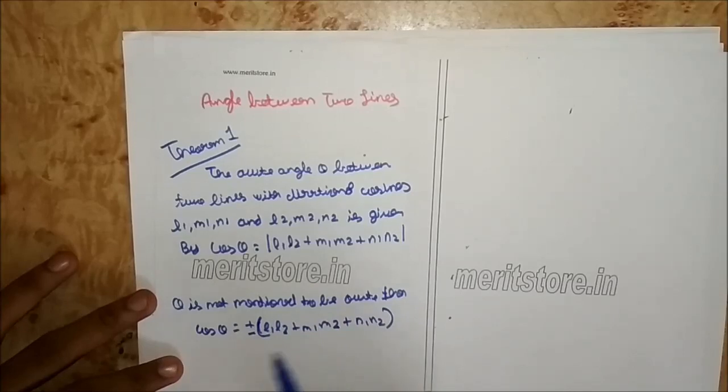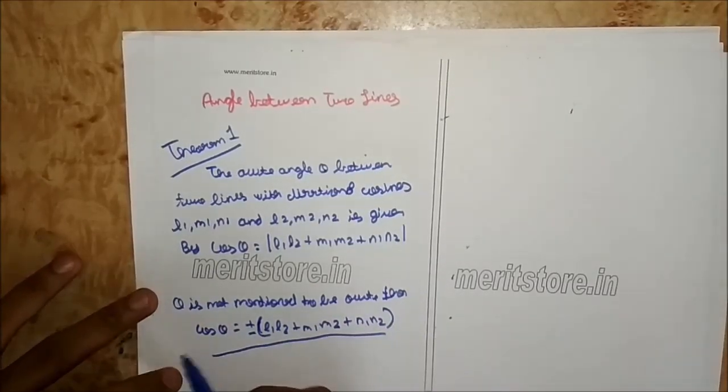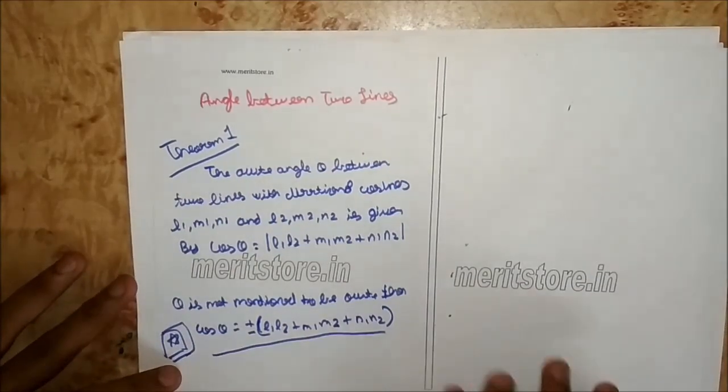The formula changes to this if theta is not mentioned to be acute. Please note this. This will be very important. They may try to fool you in the exam.